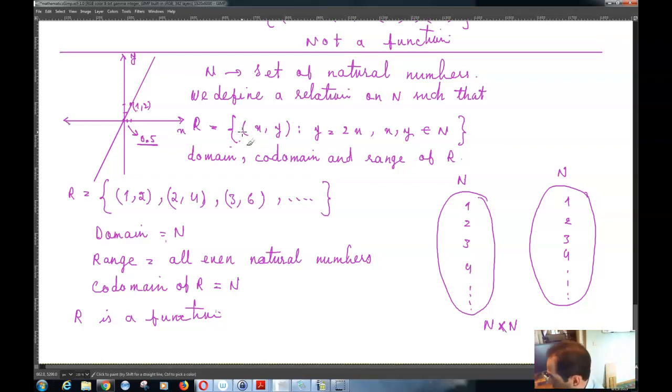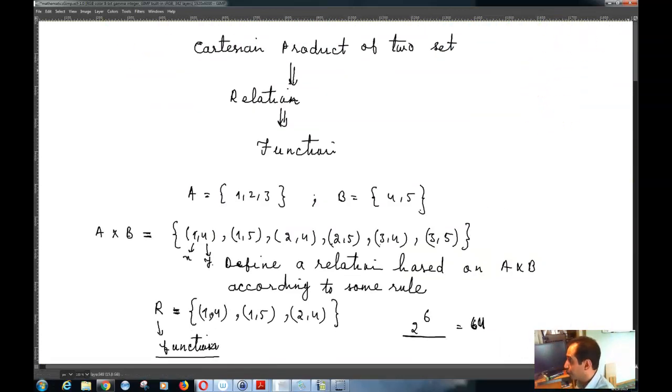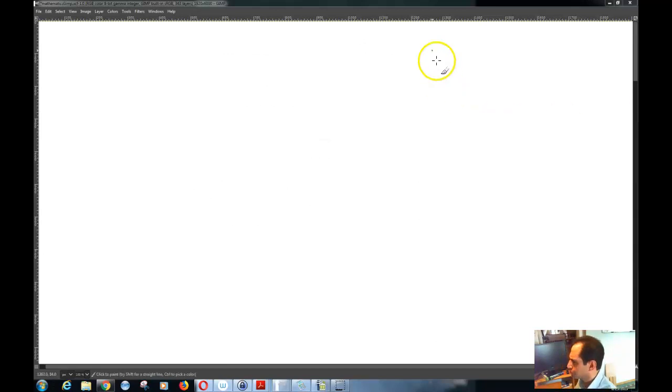Or as another example, suppose you have the relation R equal to (2, 1), (3, 1), and (4, 2).